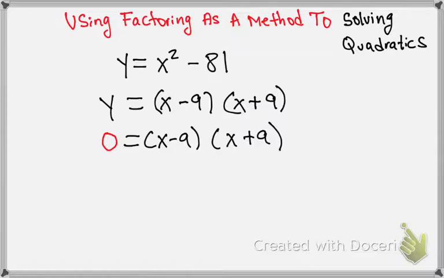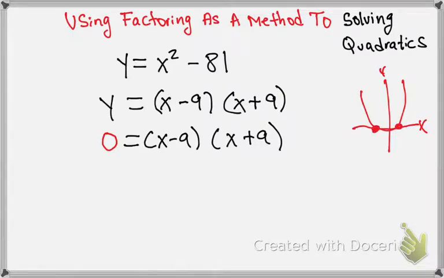I could represent that just by erasing that y and replacing it with 0. But I did it at the end because I wanted you to know that when y is 0, then we can find our x. Because on the parabola, let me just graph that, this is our y-axis, this is our x-axis. We know that when the parabola touches the x-axis, y is 0.